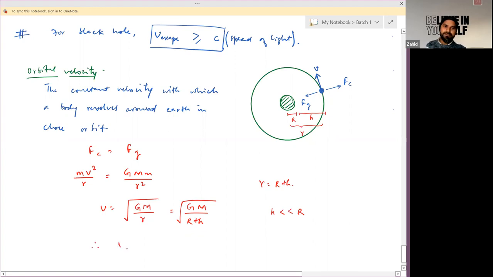Therefore, velocity equals root under G times M divided by R. You may write it in terms of gravity, so it will be this. And on putting all the values, you may get 7.89 kilometers per second.